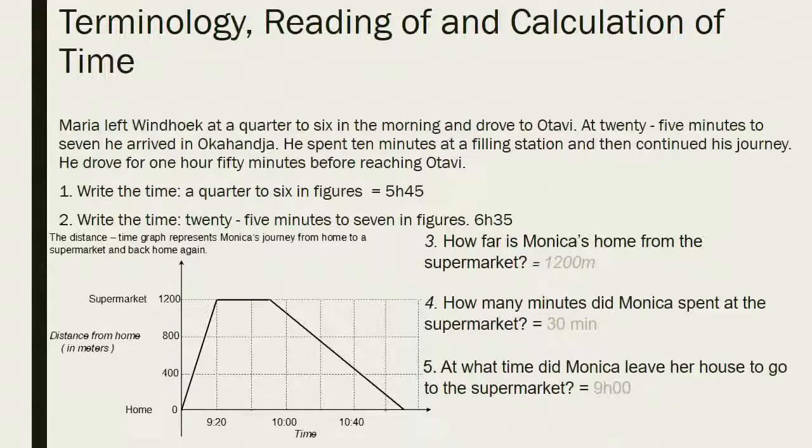In the next one, you are given a graph, and they're asking you about the journey. It's Monica's journey to a supermarket. It has the distance from home on the y-axis, and the time, which is the independent variable, on the x-axis.